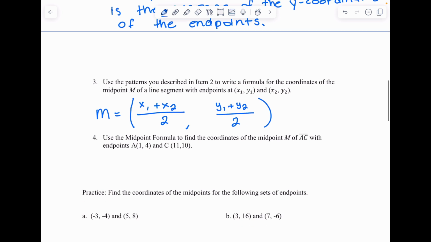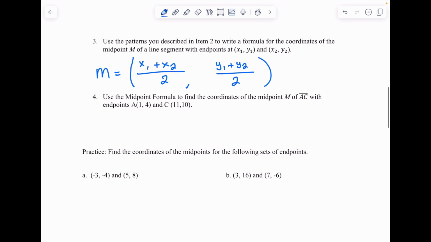So let's try this. In number 4, it says use the midpoint formula to find the coordinates of the midpoint M of line segment AC with the following endpoints. So just like what we did with the distance formula, where we labeled x1, y1, x2, y2, I'm going to do that again. Remember, each coordinate point has an x and a y.